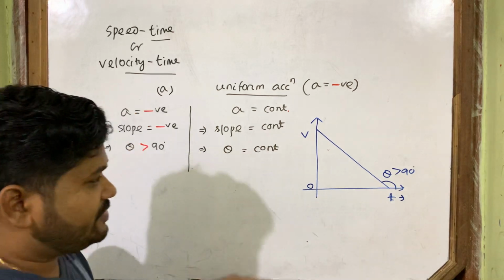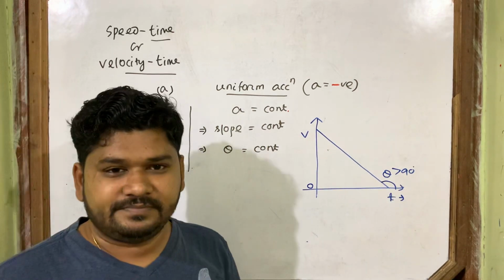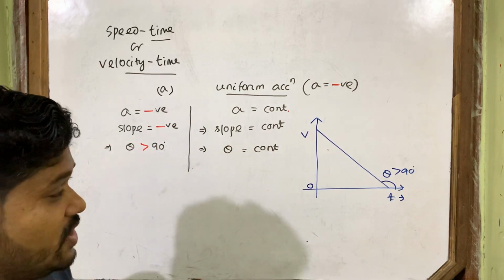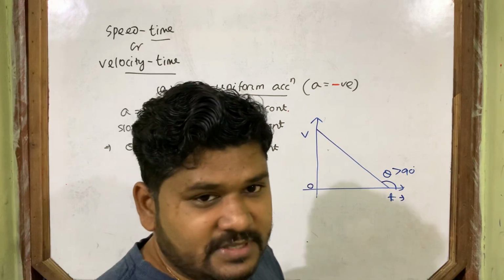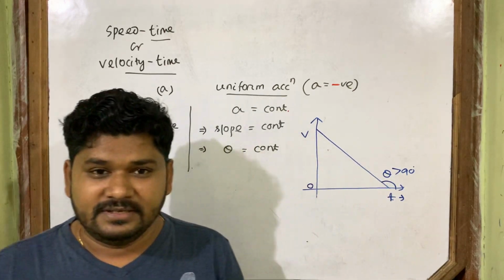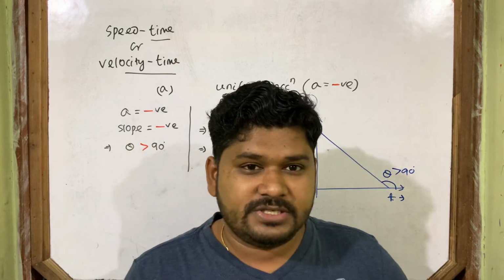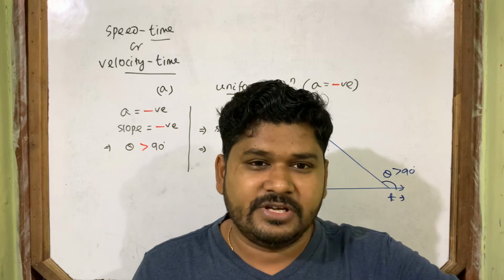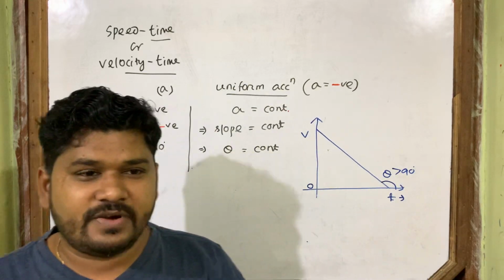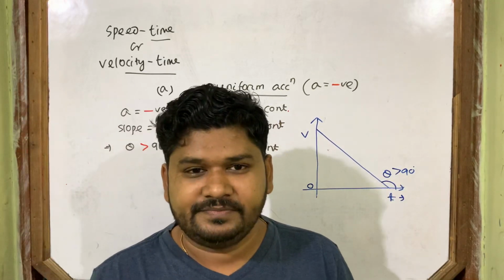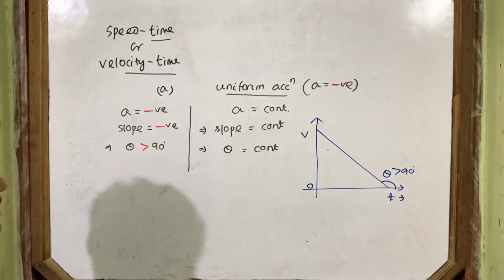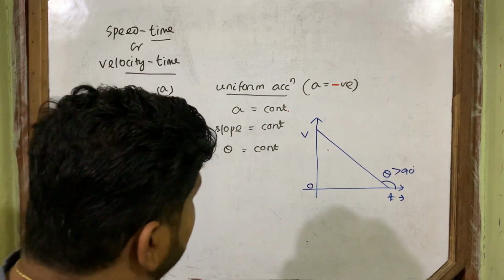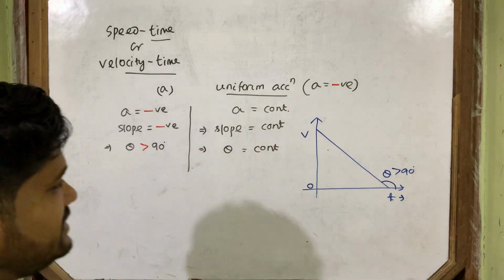Its velocity 0 means this body comes to rest. Deceleration. A truck moving with high velocity apply brake. Its velocity gradually decreases with constant deceleration and comes to rest. This type of graph. So this is about the uniform acceleration graph.